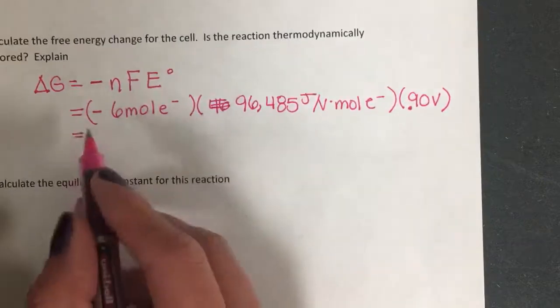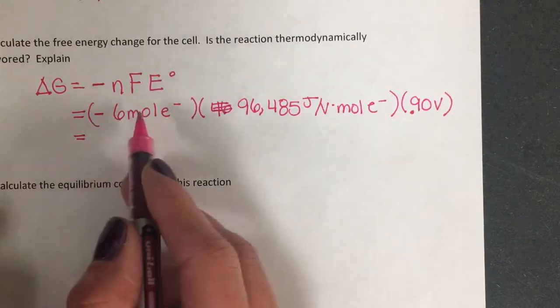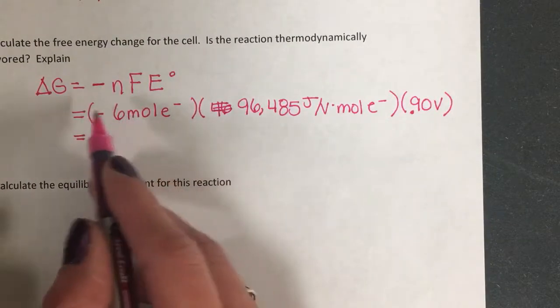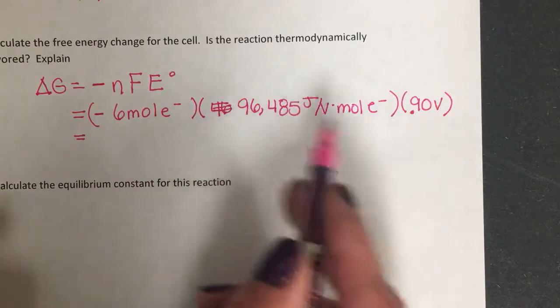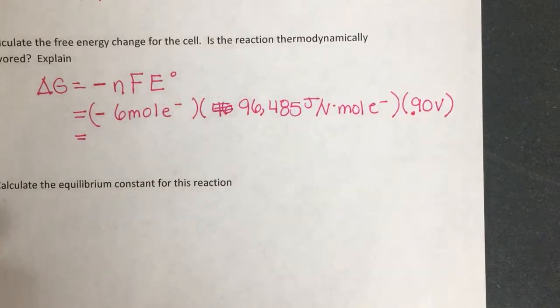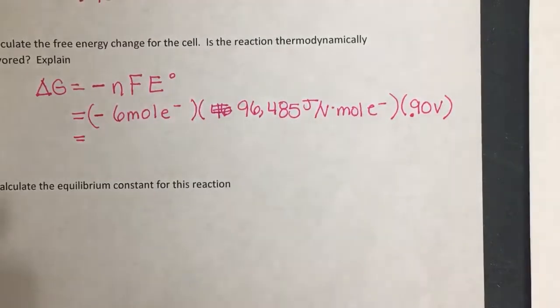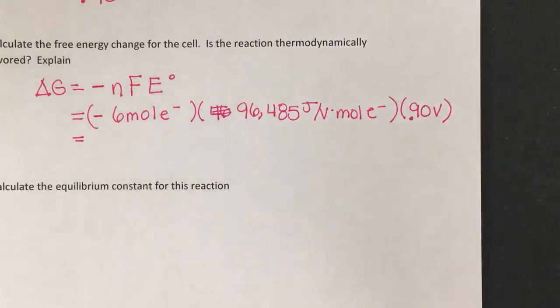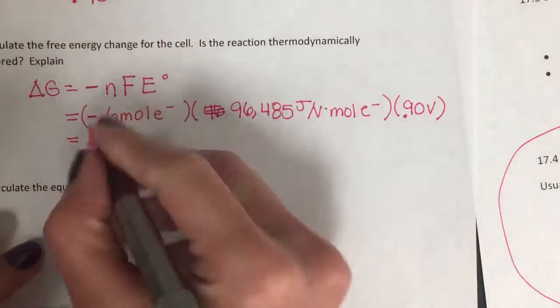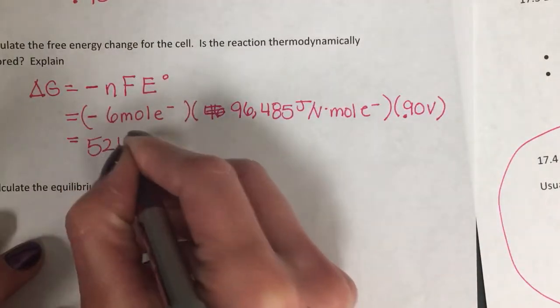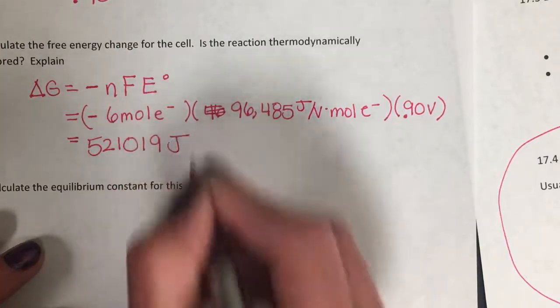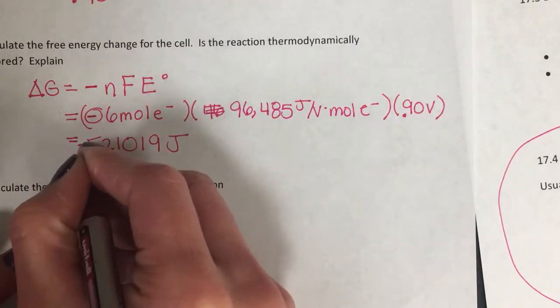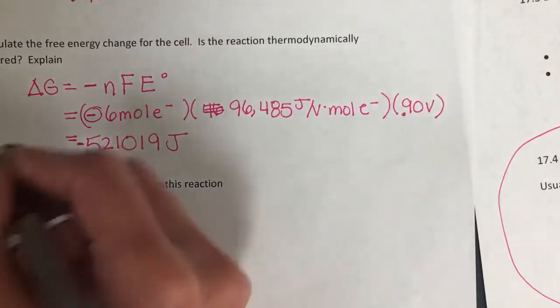Then all I have to do is multiply. So when I multiply, I'm going to take negative 6 times 96,485 times 0.90. And what I get is going to be 521,019 joules. This is going to be a negative value.